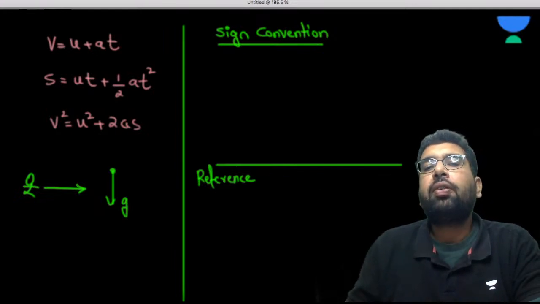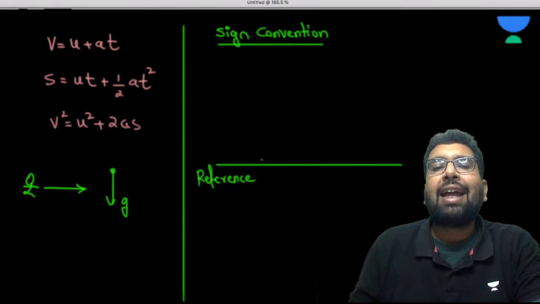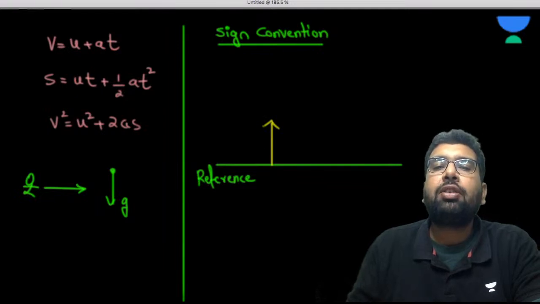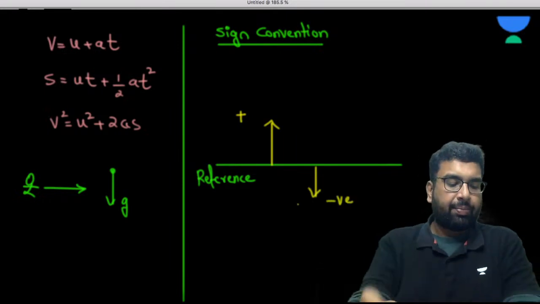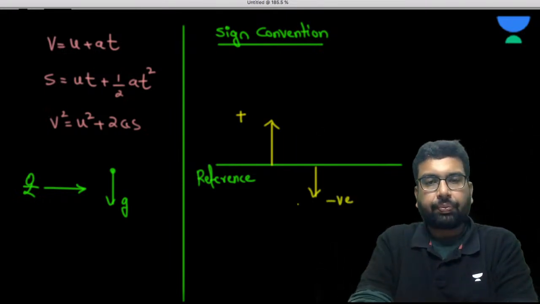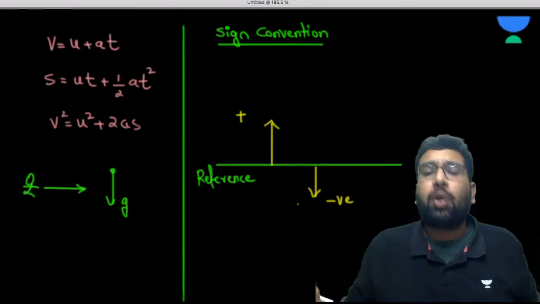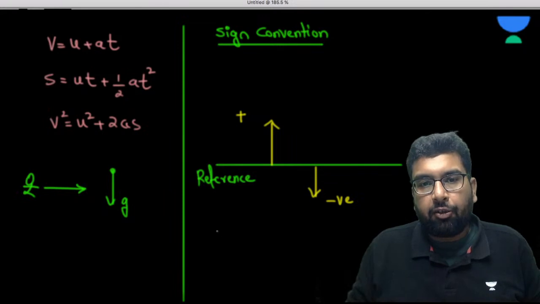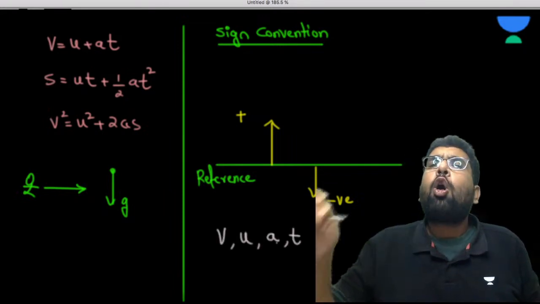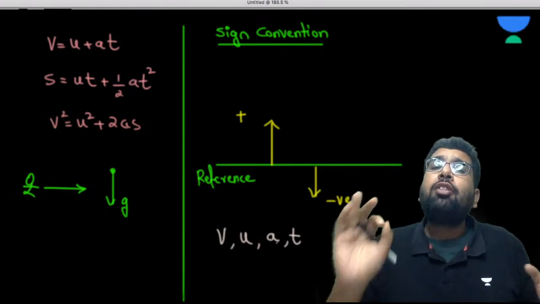Now from the reference, if any of the quantities, whether it is s, u, v, anything, is in the upward direction, we'll take it as positive. If it happens to be in the downward direction, we'll take it as negative. Do you agree to it? For each and every quantity, no confusion at all, right? Like for v, for u, for a, for all the vectors here.